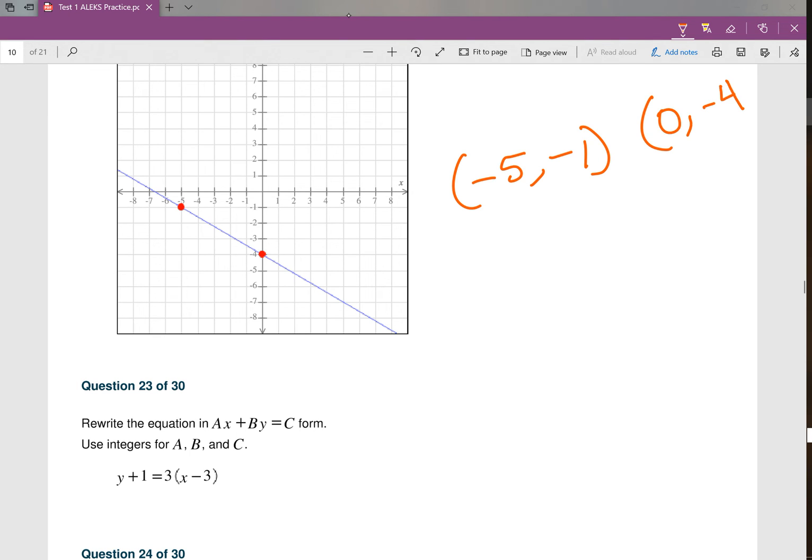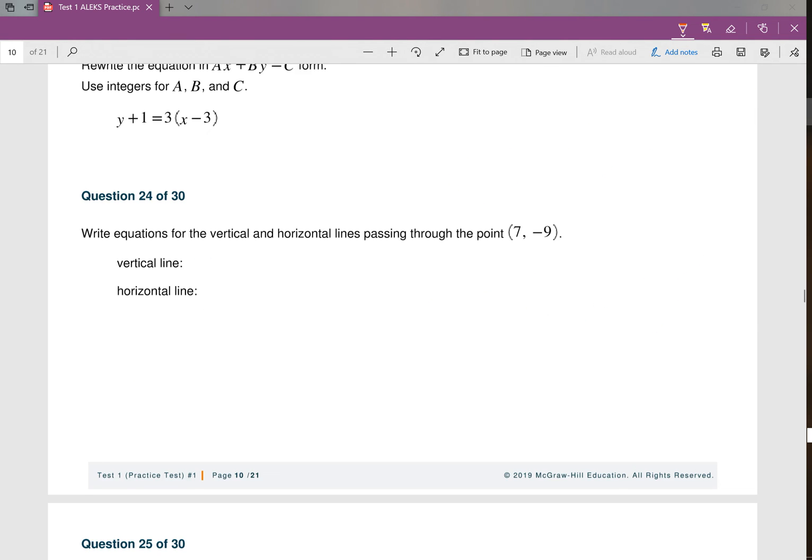All I really need is a slope. You could do it by counting. From the 5, I'm going down 1, 2, 3, and I'm coming over 1, 2, 3, 4, 5. So this is a change of negative 3 in y and a change of 5 in x. That's your slope. So now all I need is y equals negative 3/5 x minus 4. Done.